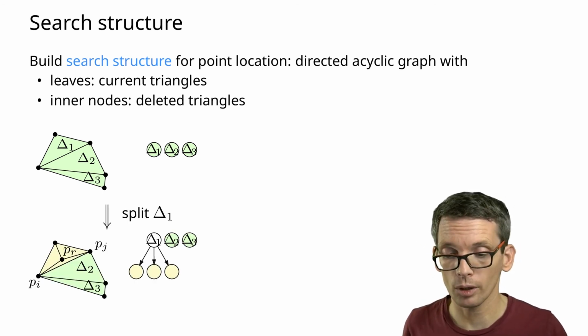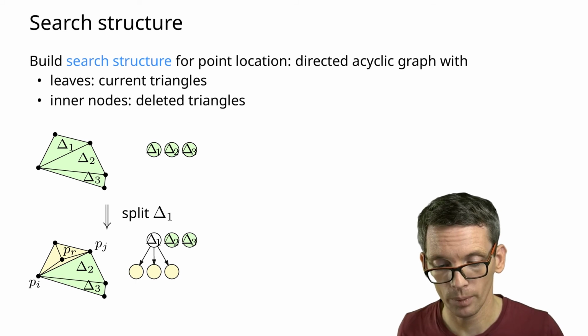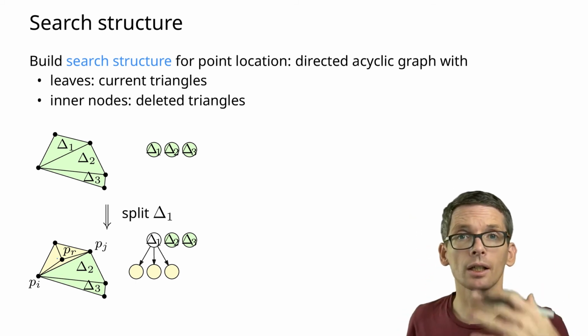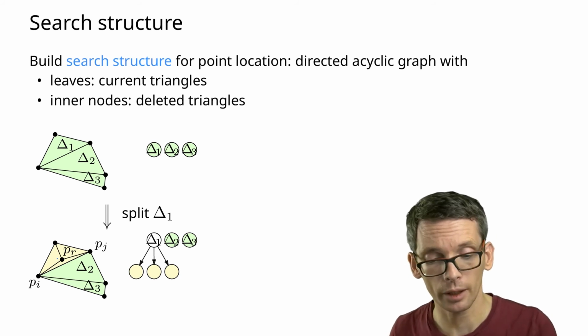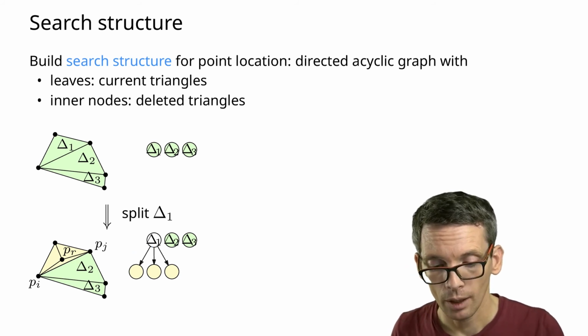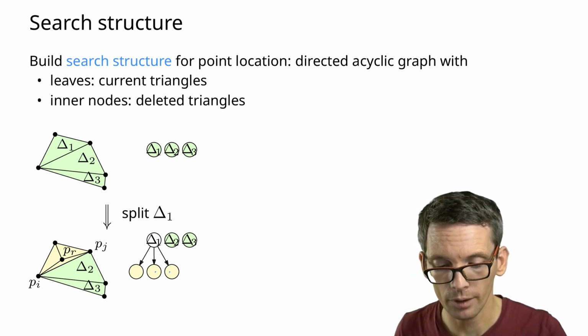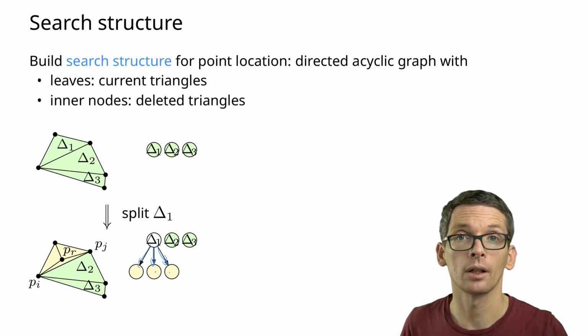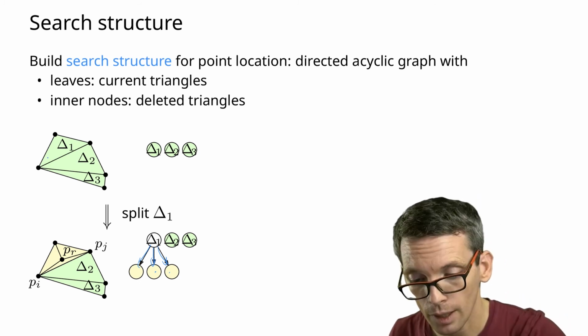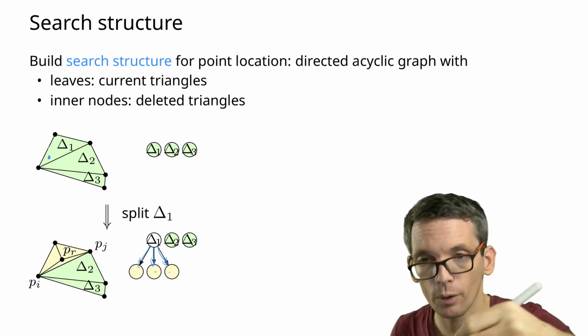If I'm now inserting a new point, let's say this point PR, what does it mean? I'm deleting the triangle delta 1 first. I'm splitting it into 3 parts, meaning I will get 3 new triangles here, which attach to the triangle that I just deleted.